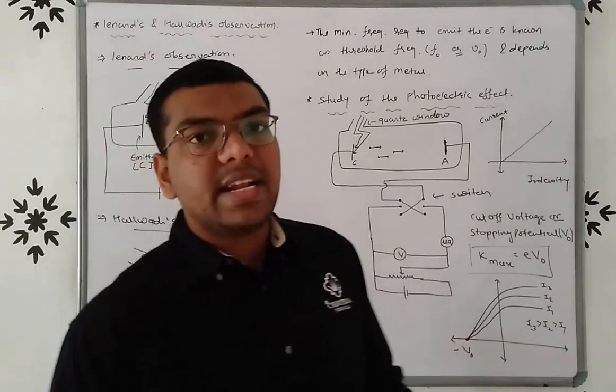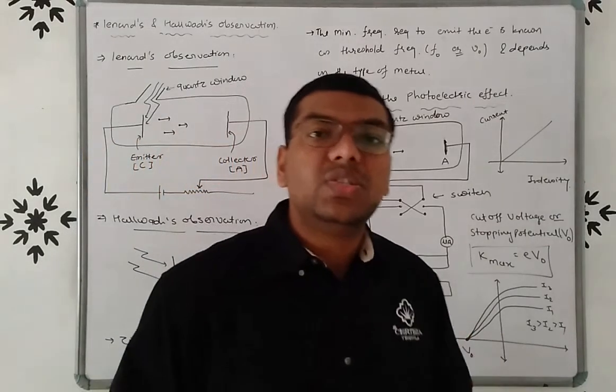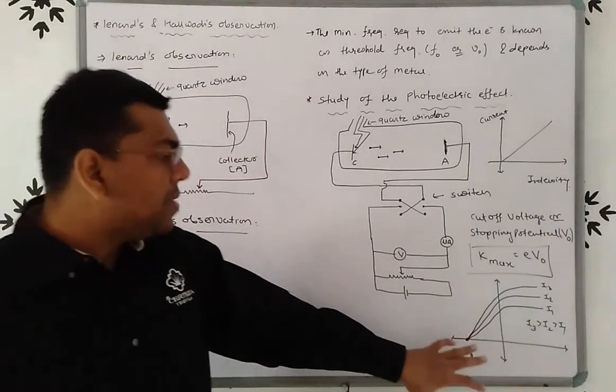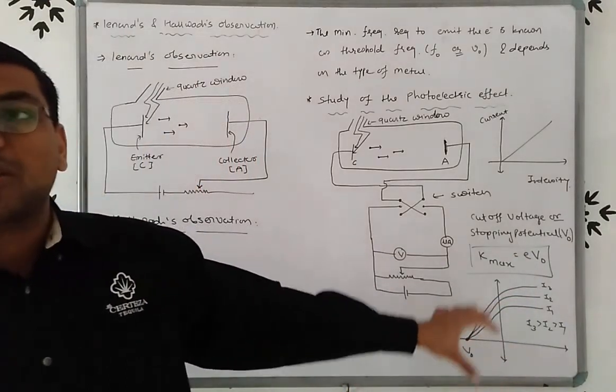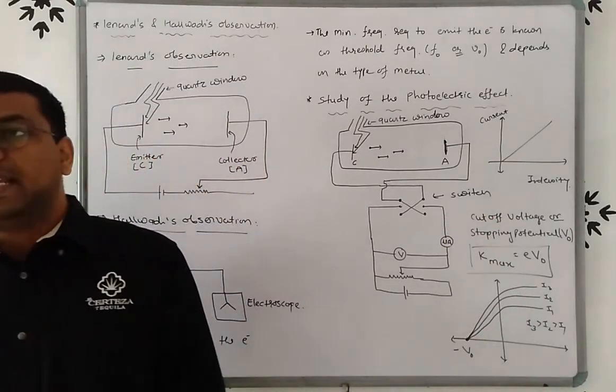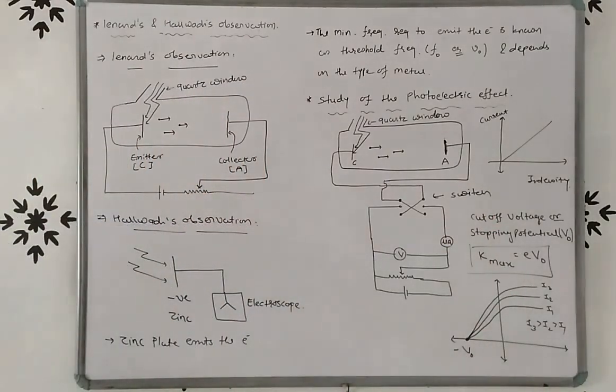So the stopping potential, or the cutoff voltage, does not depend on the intensity. This is the conclusion from this graph. I repeat it: if we change the intensity, there is no change in the stopping potential.